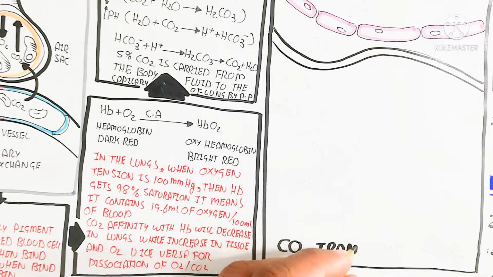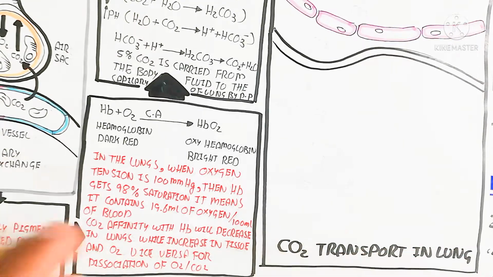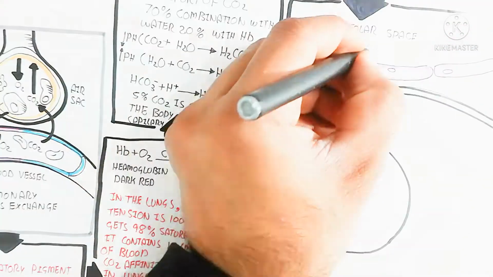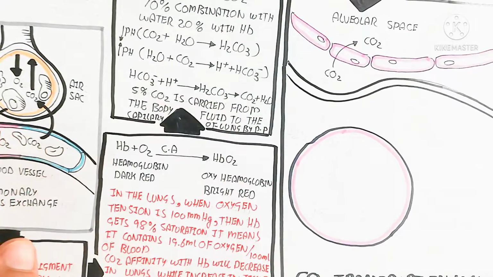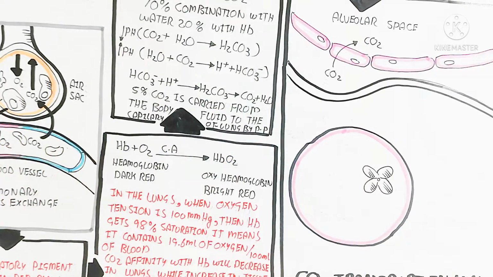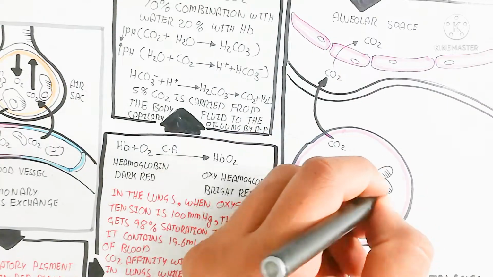So here is the alveolar sac, and inside this is the carbon dioxide transport in lungs. How it is transported in the lungs we will discuss. The previous was in the body fluid, while here is the carbon dioxide transport in the lung.